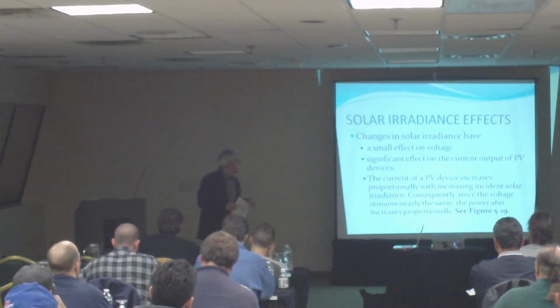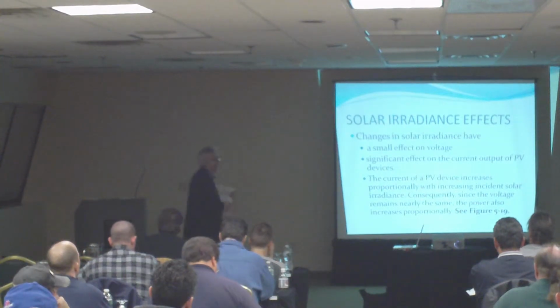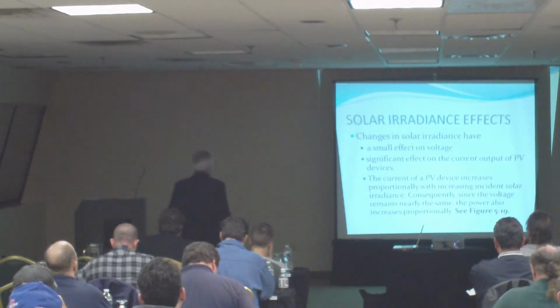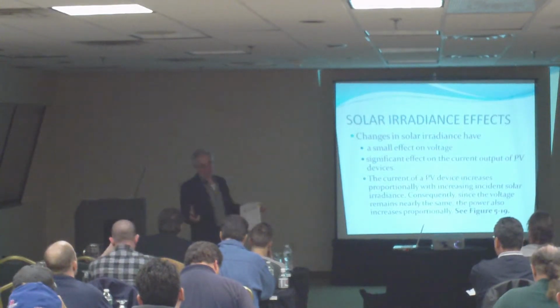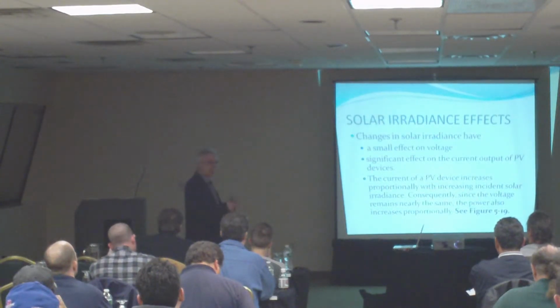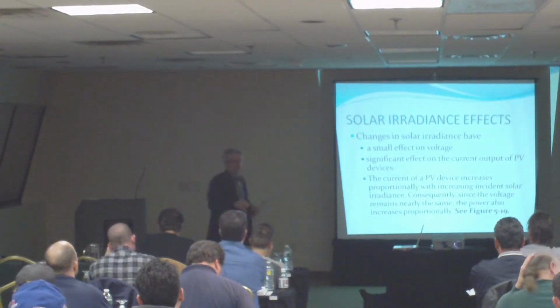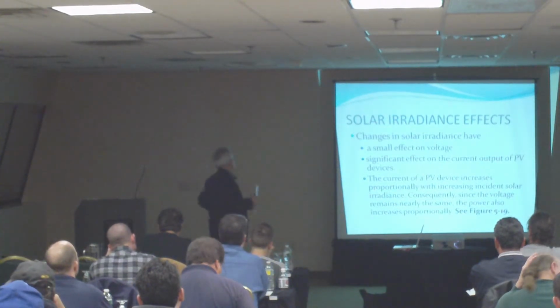Okay, on the voltage. However, what is that going to affect? The current. So if that's going to affect the current, what else is going to be affected? The power, right? So the amount of irradiance has no effect on the voltage. Very small. It might drop a little bit in the open circuit voltage, okay?